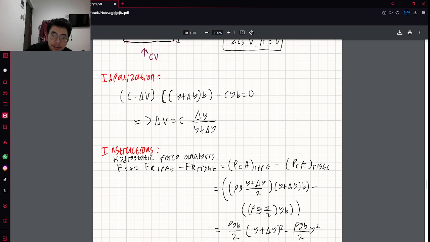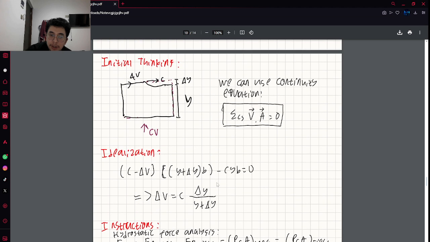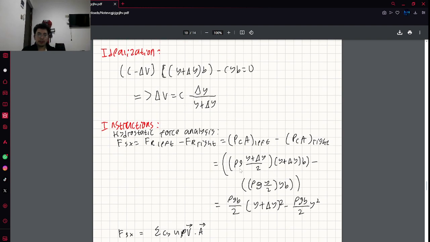Delta v is the change in velocity, equal to c times delta y divided by y plus delta y. Delta y is the difference between the highest part of the fluid in open channel flow and the lowest surface. So this part and this part, and then the depth.